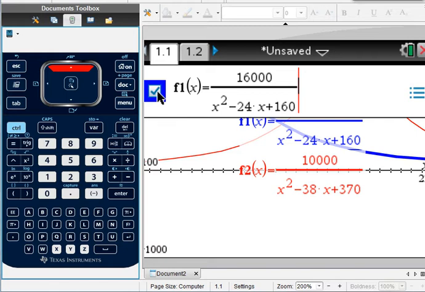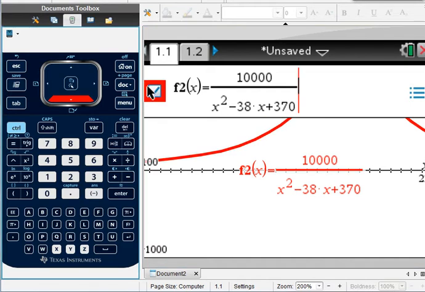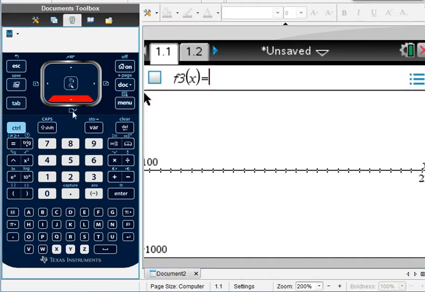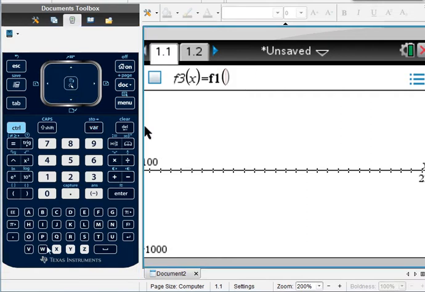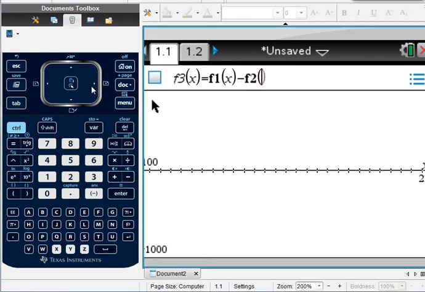And this could be a check mark like on mine, or some of the Inspires have an eyeball that you cross out. I'm going to uncheck it here. That means it's still in the calculator, but it's not going to graph it. And same thing here, cross out the eyeball or uncheck the box. And then for F3, I'm going to enter F1 of x minus F2 of x.